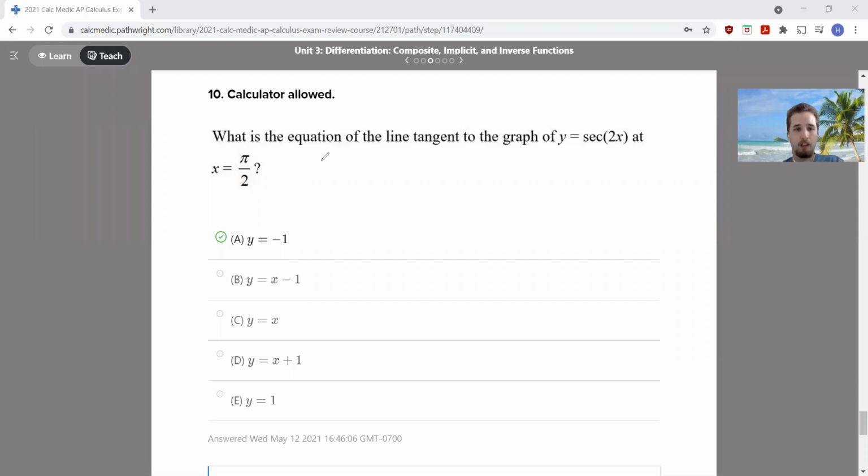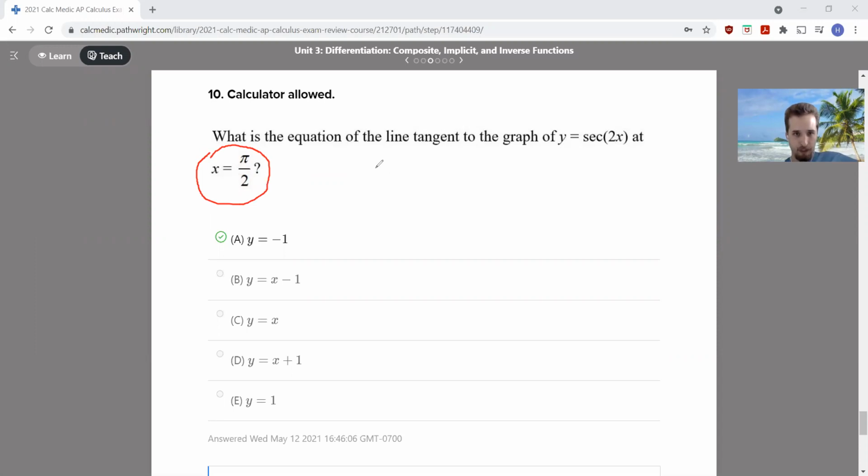Okay, so it says, what is the equation of the line to the graph y equals secant of 2x at x equals pi over 2? So they want the line tangent to the graph of y equals secant 2x.